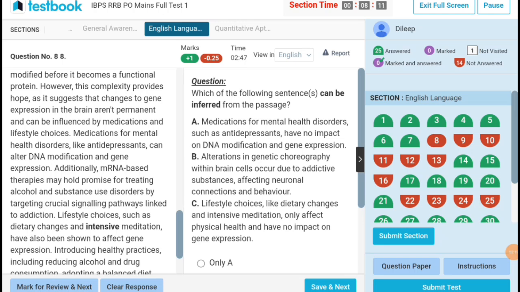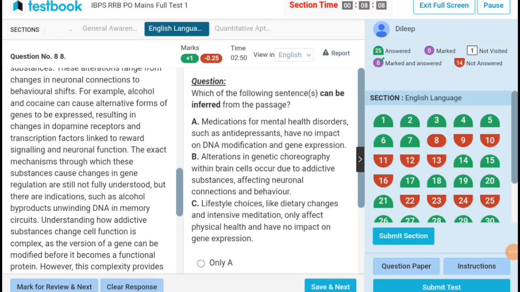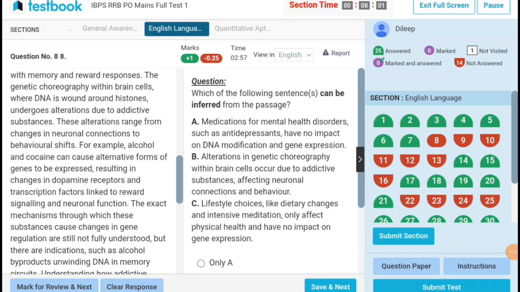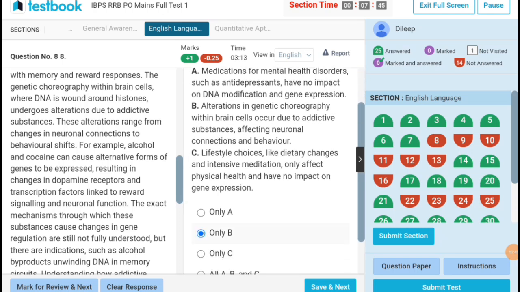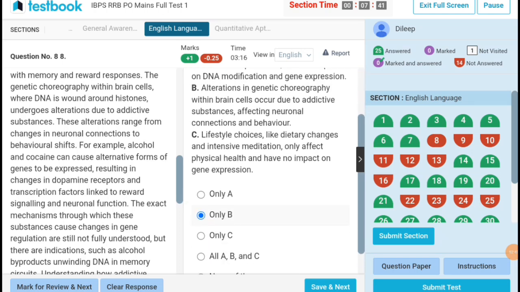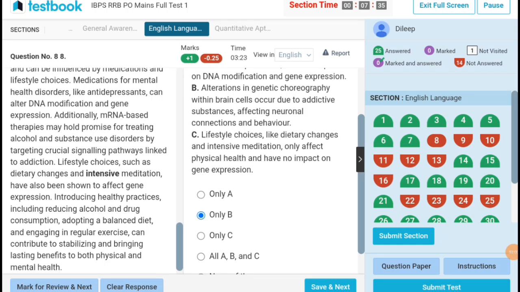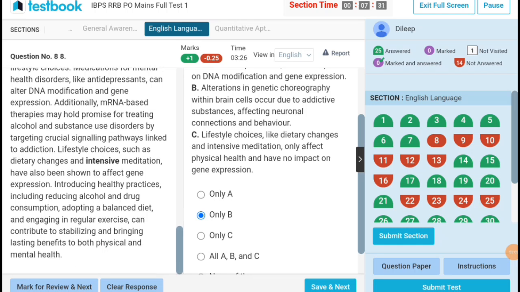Alterations in genetic choreography within brain cells, behavior shifts and lifestyle choices like dietary changes, intensive medication, affect and the effect on physical health.